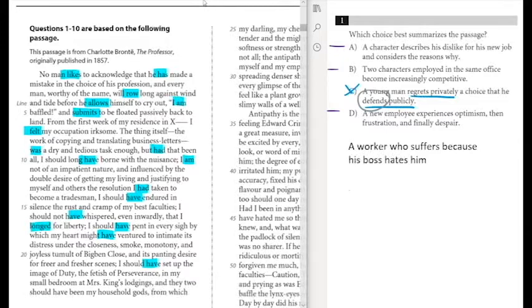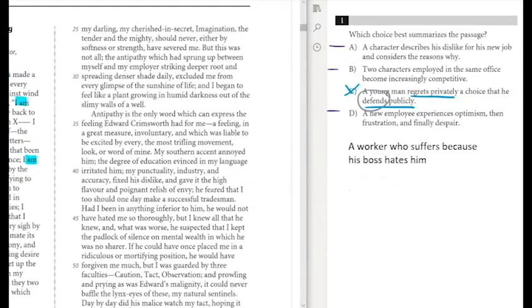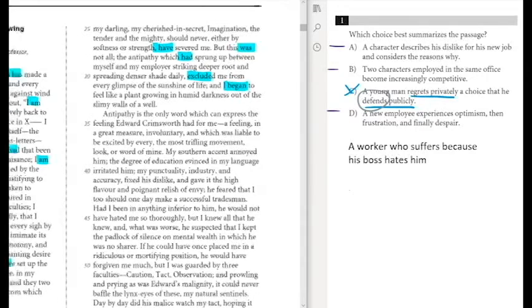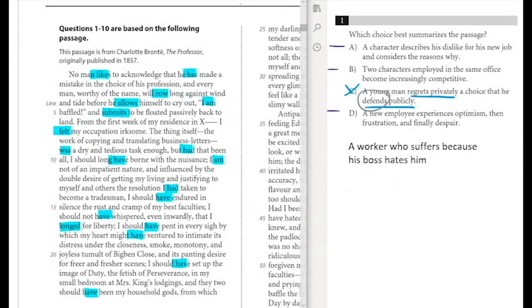I should have set up the image of duty, the fetish of perseverance in my bedroom at Mrs. King's lodgings, and they should have been my household gods, from which my darling imagination should never have severed me. But this was not all. The antipathy which had sprung up between myself and my employer excluded me from every glimpse of the sunshine of life, and I began to feel like a plant growing in humid darkness out of the walls of a well.